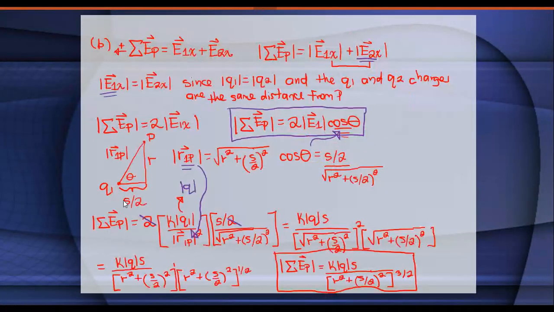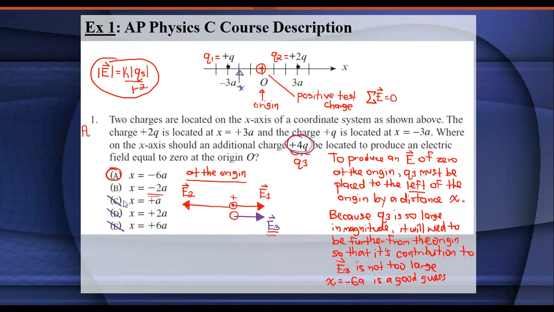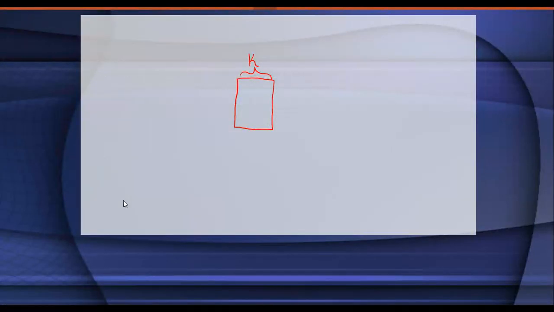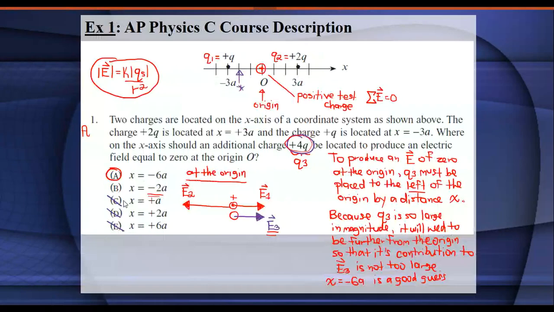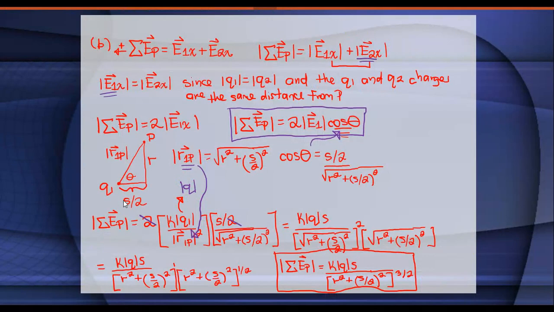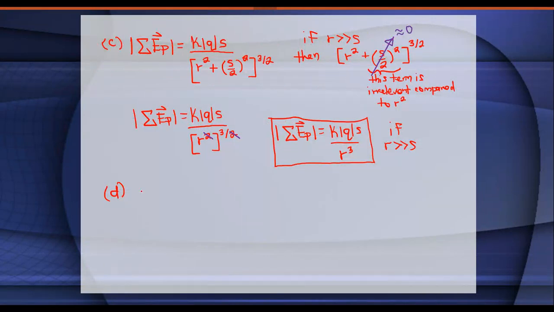So let's take a step back here. What's my equation for the electric dipole moment? It's P equals Q times S. So I can do a quick little substitution. I can take P equals Q times S and replace it in this equation.